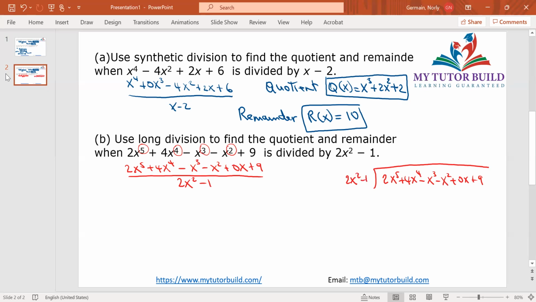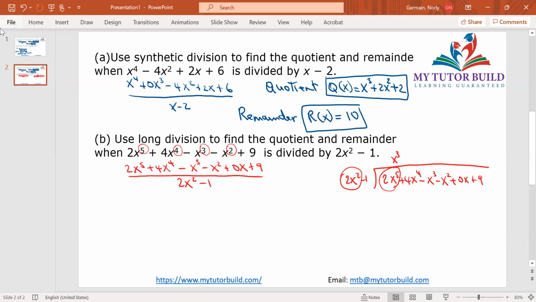Now, we need to cancel one term at a time, because the first term we want to cancel is this term. You ask, by what should I multiply 2x squared to have 2x power 5? Yes, you can only multiply it by x power 3, because x cubed times 2x squared gives us 2x power 5.